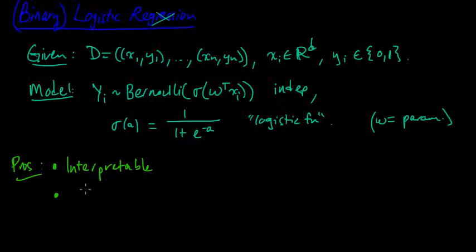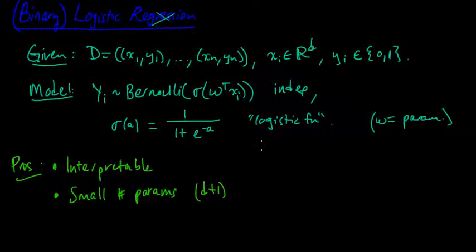Okay, another thing which is very nice, and this is a more statistically nice thing, is that there is a small number of parameters. And as a result, the parameters are easier to estimate in a statistical sense. The number of parameters is d plus 1, because there's one for each of the coordinates of this w vector.